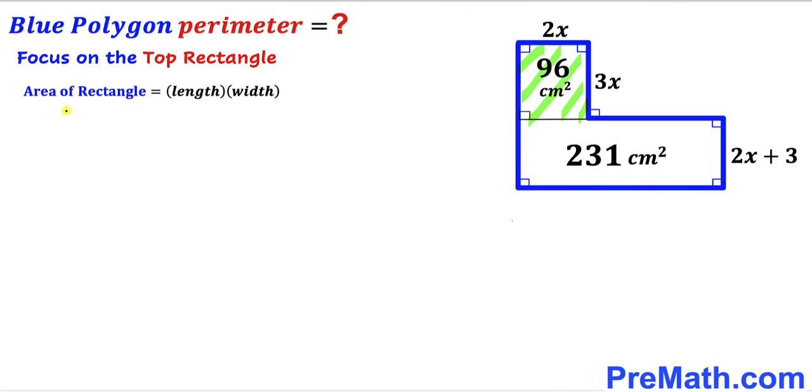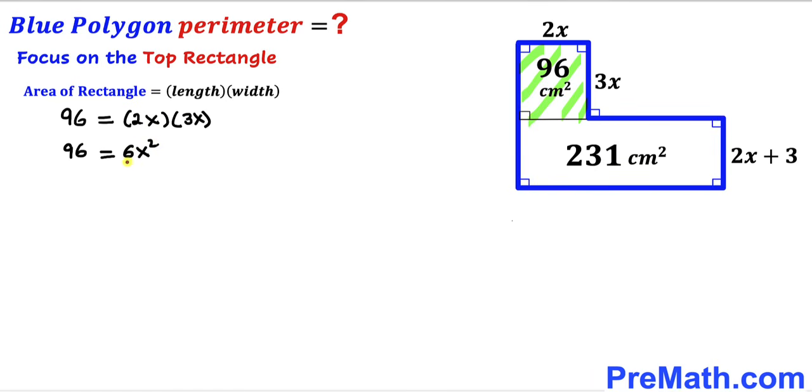So we fill in the formula: 96 is equal to 2x times 3x. Let's simplify. We get 96 equal to 6 times x squared.